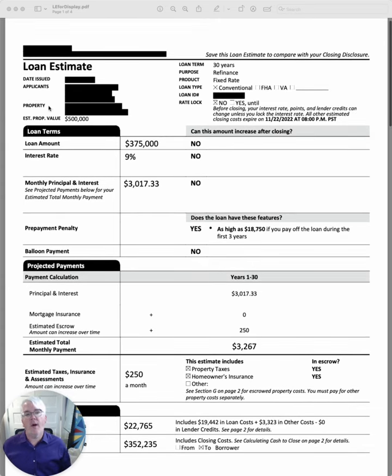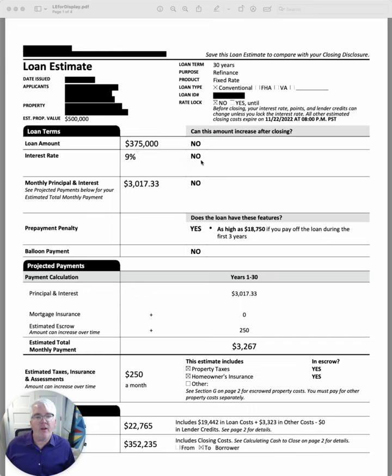So in this particular one, the property value is $500,000 and the loan amount is $375,000, which is 25% equity or 75% loan to value. This is a cash out refinance on an investment property using a DSCR, a specialty investment property product, and that's why the interest rate is 9%. It shows you very clearly here: can the loan amount rise after closing?